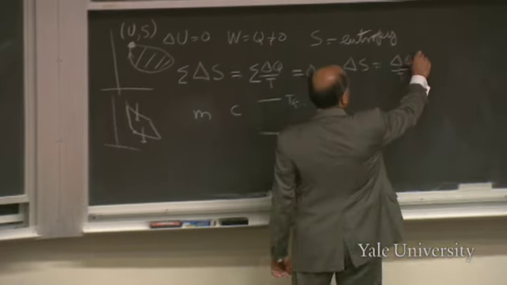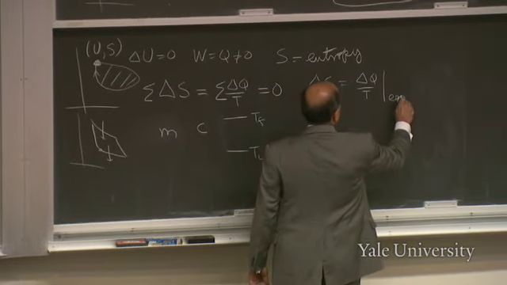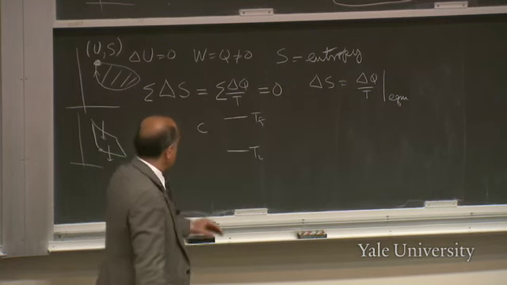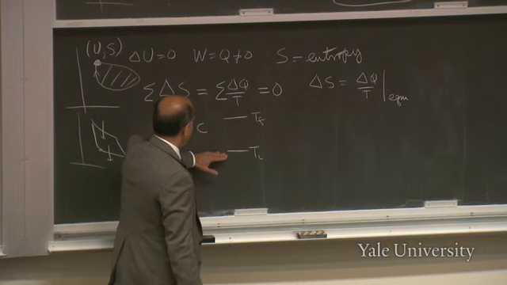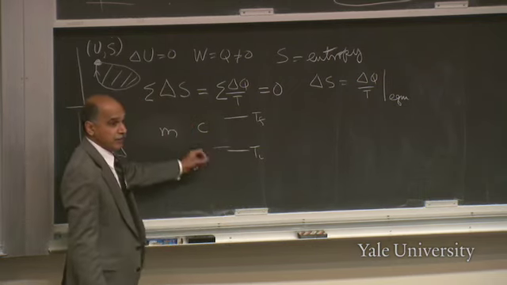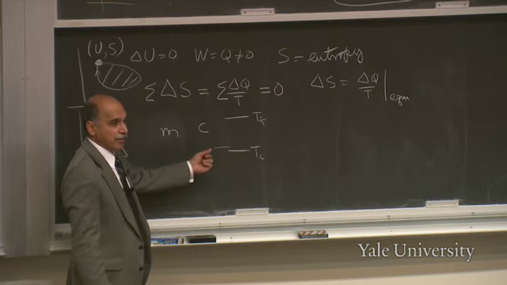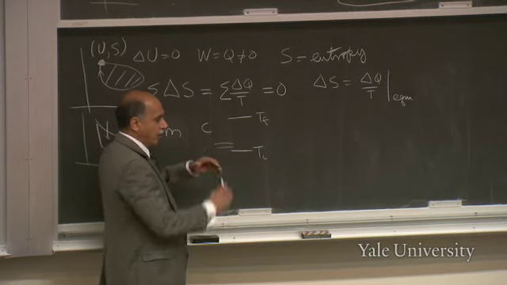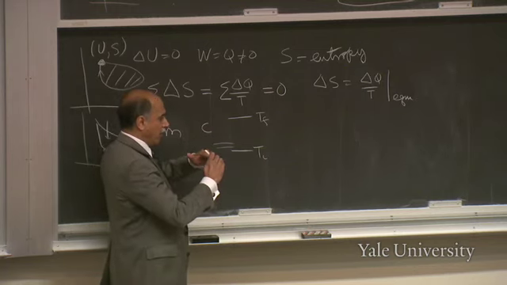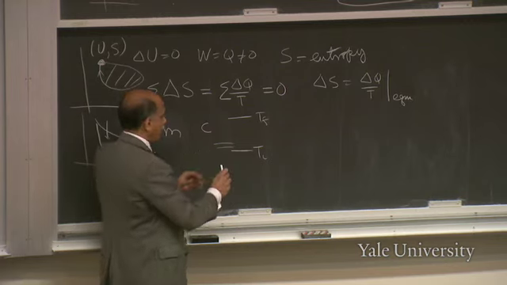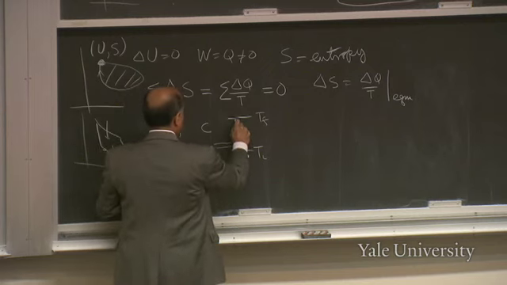In fact, you can say it should be always near equilibrium. So the system starts at temperature T initial. I put it on a heat bath, which is infinitesimally warmer than this. Then I let it heat up to that point. Then I put it on another reservoir, slightly hotter than this one. At all stages, I want the system to be almost near equilibrium. In the sense of calculus, you can make the difference as small as you like, provided you do enough number of times. And slowly, I raise this guy from here to here.